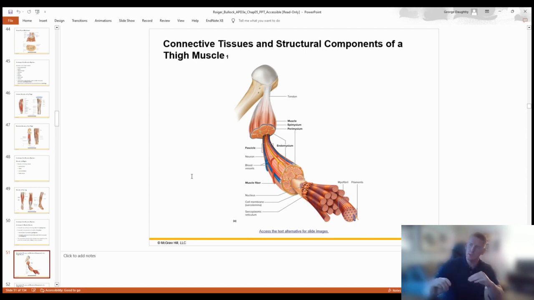So when we get down to the innermost layers of the endomysium, keep in mind that that's where we have the nucleus, sarcolemma, sarcoplasmic reticulum, and all of the initial elements of contraction.